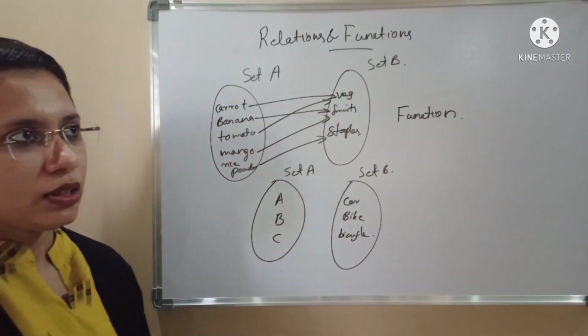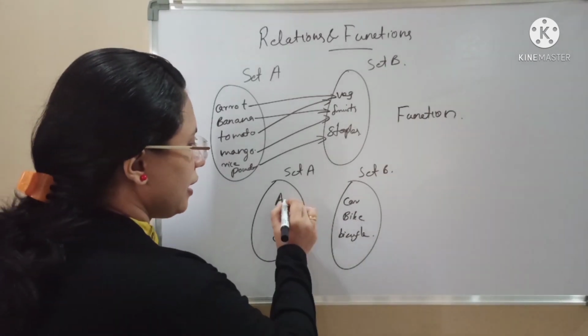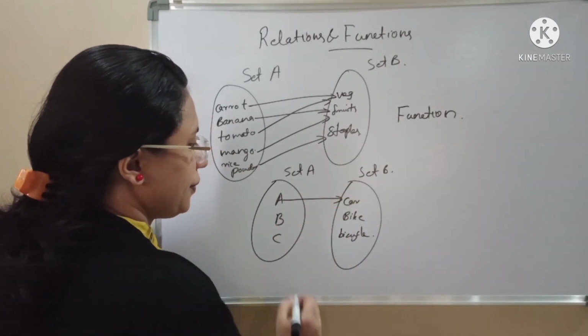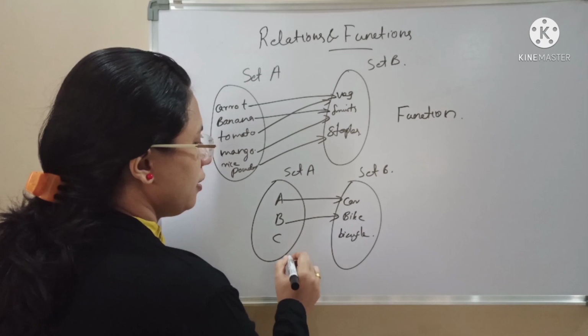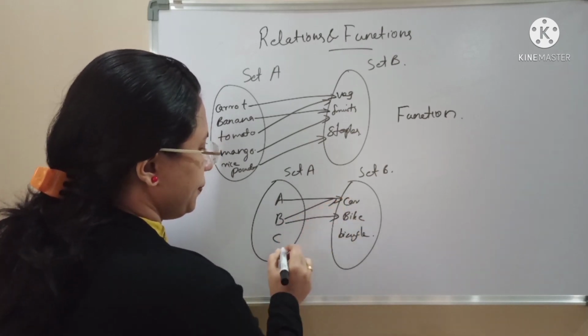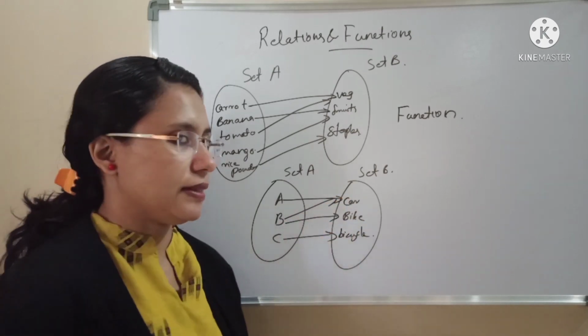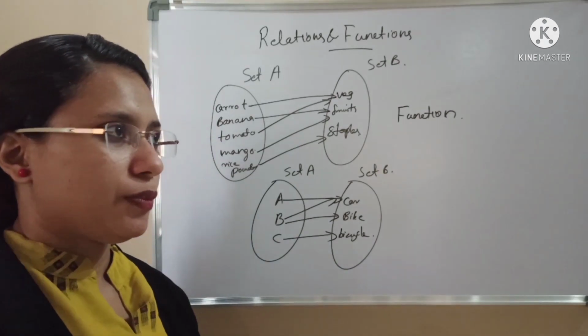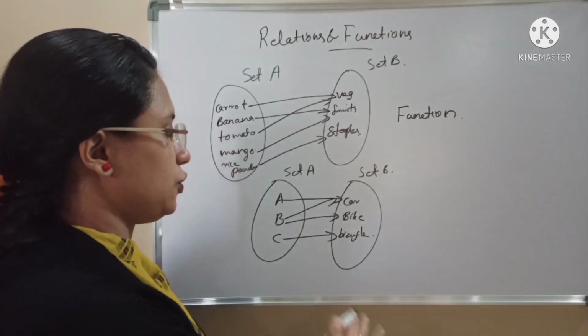Suppose A has a car, B has a bike as well as a car, and C has a bicycle. So this is the relation.